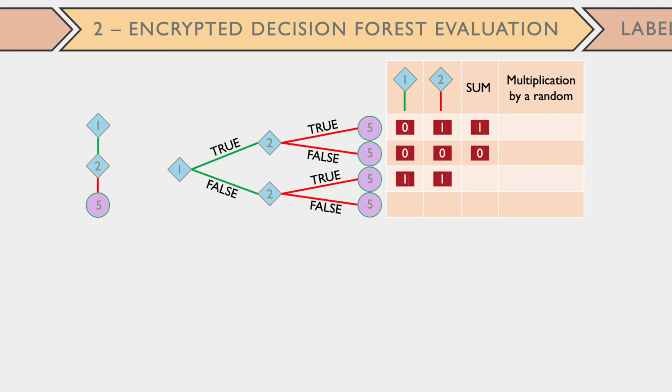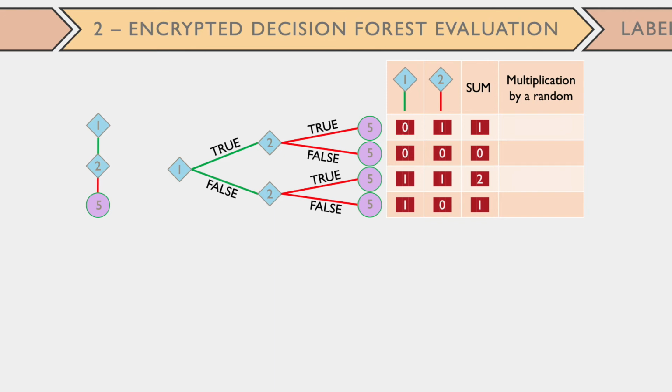Doing the sum, still homomorphically, will give an encryption of 2. In the last case, the first comparison is false and the second one is false as expected, so the first will be an encryption of 1 and the second an encryption of 0. Doing the sum, we have an encryption of 1.